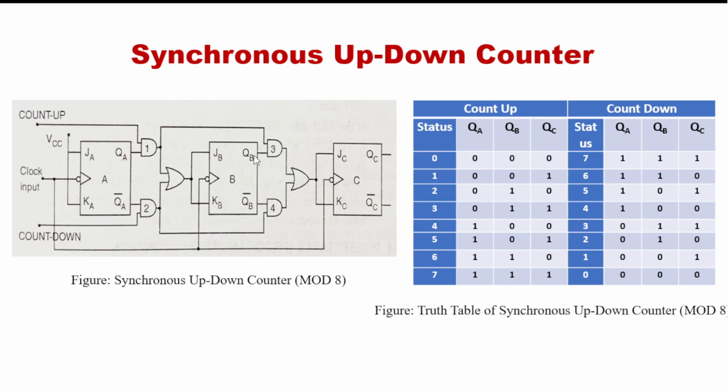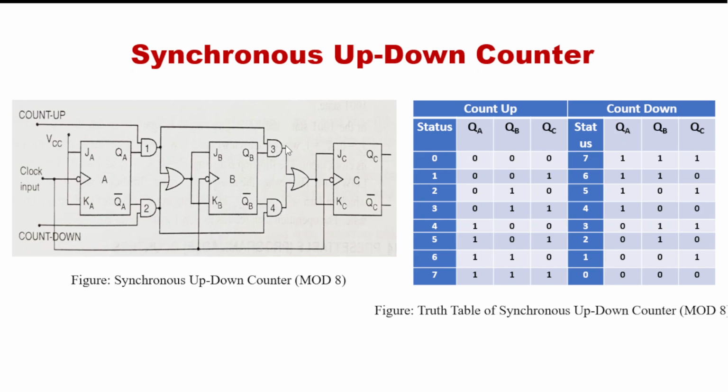Only the original QB will come here and pass through AND gate 3, and the other input is AND gate output 1. That means AND gate number 1 output is another input of AND gate number 3, and QB is the other input of AND gate number 3.